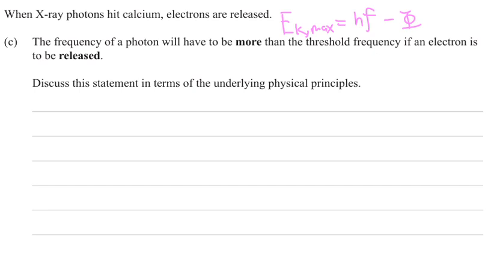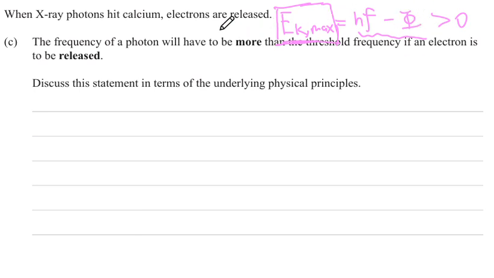Now remember, in order to have the EK on the left-hand side, you have to make sure that this part is greater than 0. So we have to make sure that the right-hand side is greater than 0. And now, if you shine a photon of light on a metal plate, the phi is a constant for that metal, the work function.